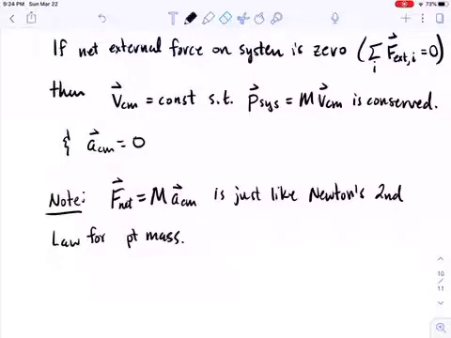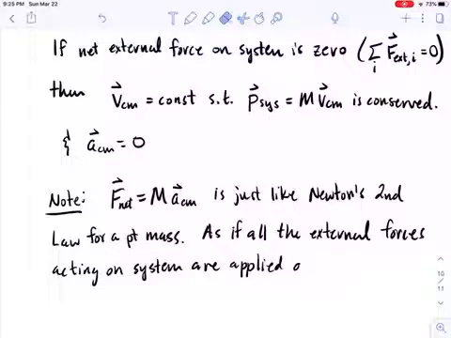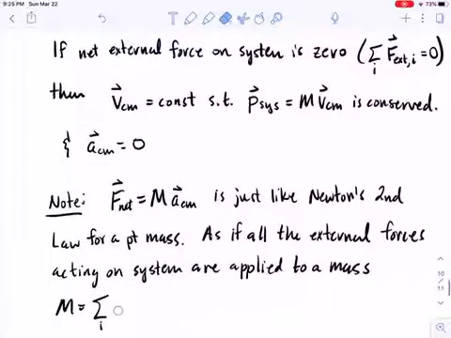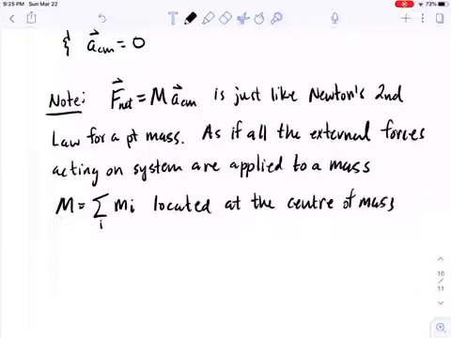In other words, it's as if all the external forces acting on the system are applied to a mass that's equal to the total system mass that's located at the center of mass position.